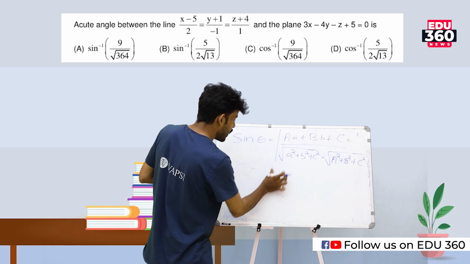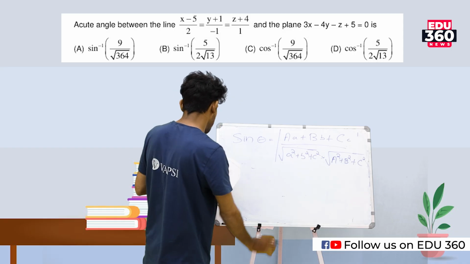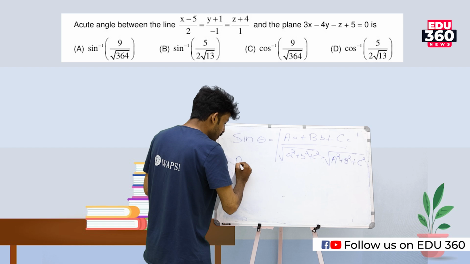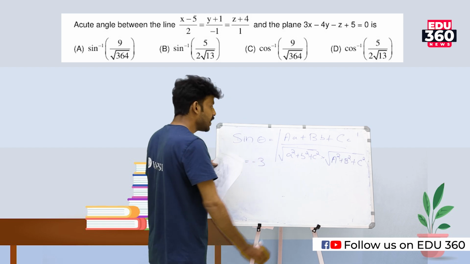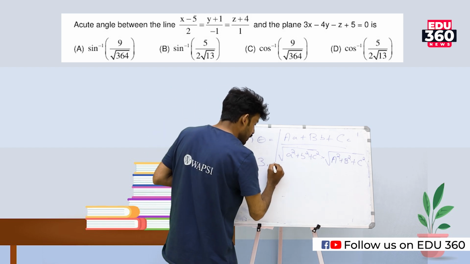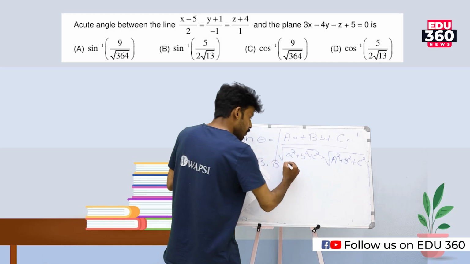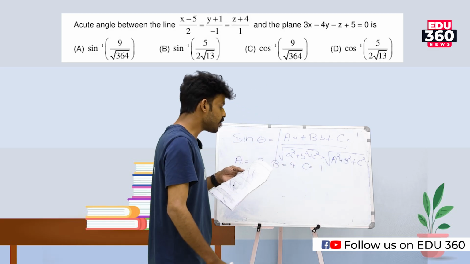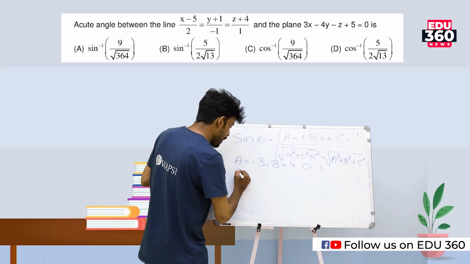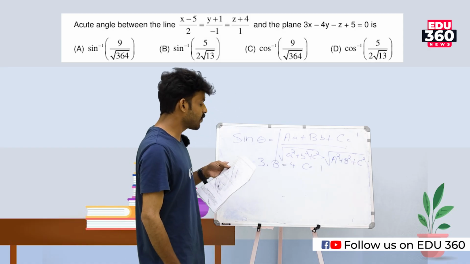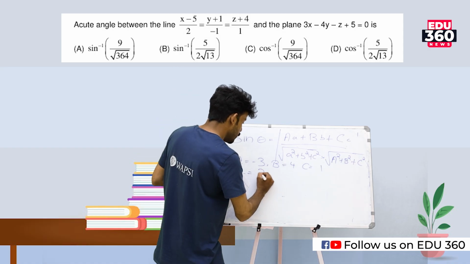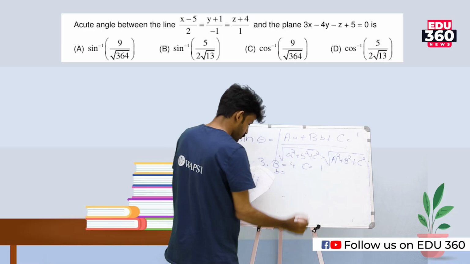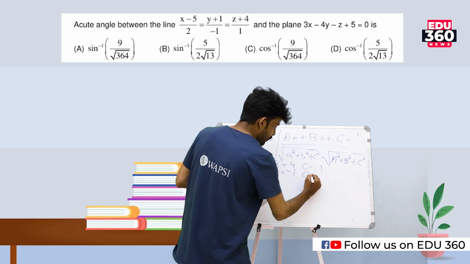Capital A, B, C are the direction ratios normal to the plane: capital A is equal to minus 3, capital B is equal to 4, and capital C is equal to 1. And the direction ratios of the line are a is equal to 2, b is equal to minus 1, and c is equal to 1.